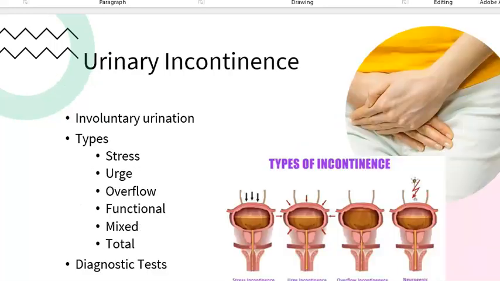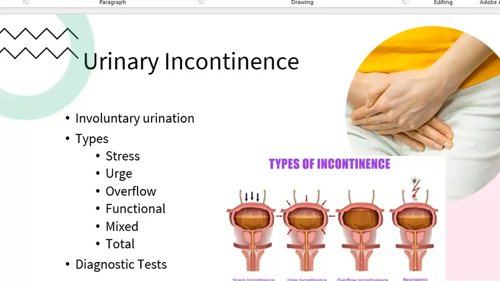Next is urinary incontinence. We have several types here: stress, urge, overflow, functional, mixed, and total. Urinary incontinence is just the involuntary act of urination.